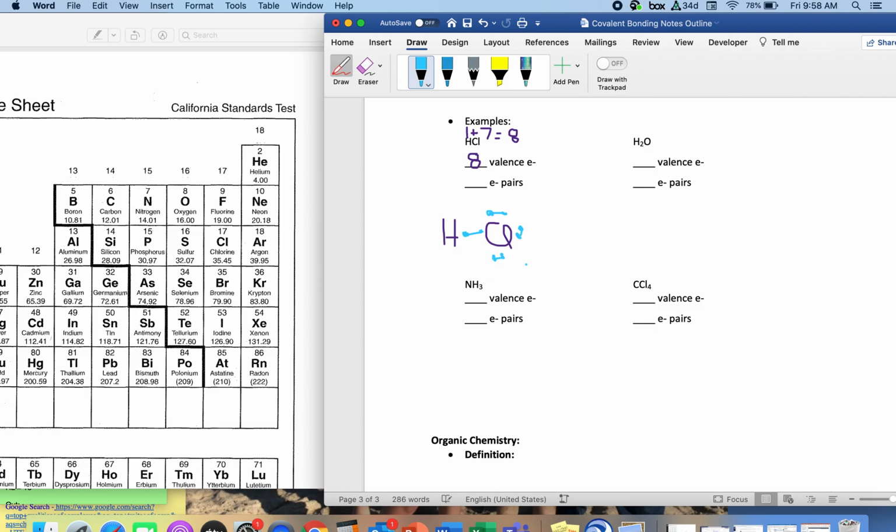So like I said, we're going to play a big giant game of connect the dots. So that's 1, 2, 3, 4 pairs of electrons. Okay? To figure out how many pairs of electrons you're going to draw, you just divide by 2. So 8 divided by 2 gives us 4. And the reason we divide by 2 is because there's 2 electrons in a pair.